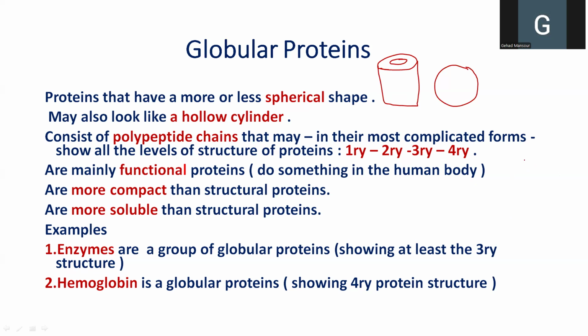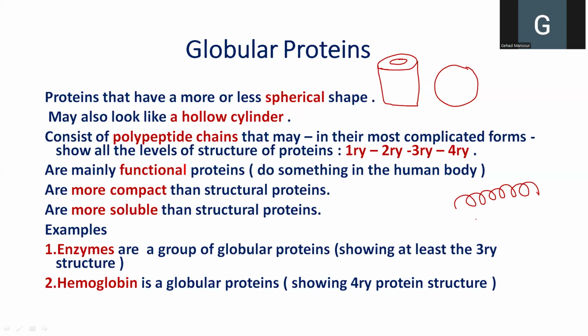Meaning that inside the same protein, you will have a polypeptide chain that might be present in the linear form, the primary structure, which has been folded into a secondary structure, and then into a tertiary structure.